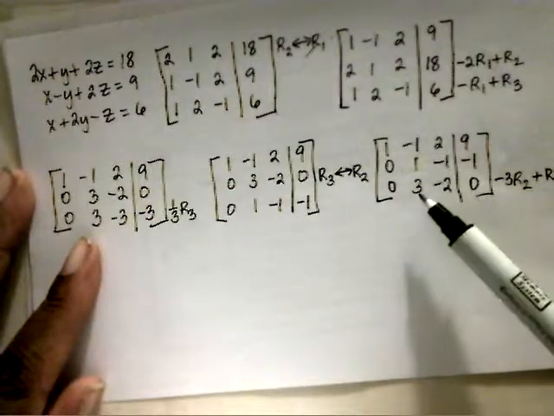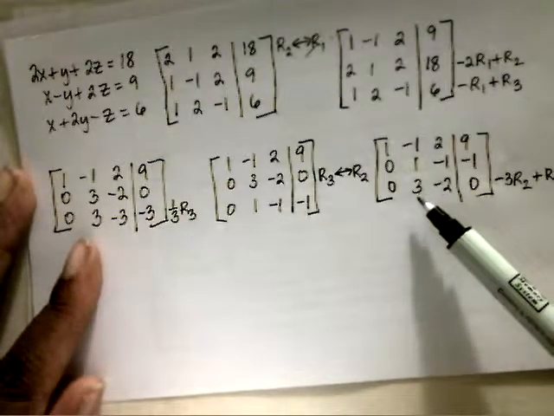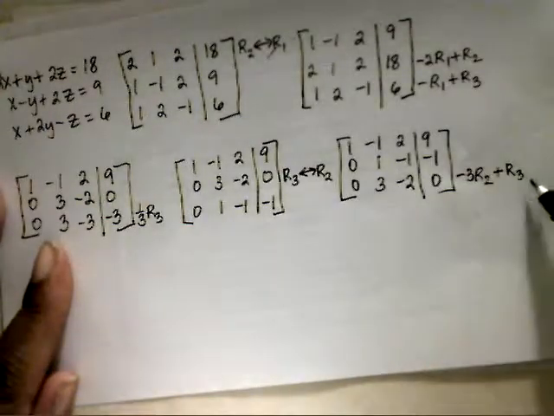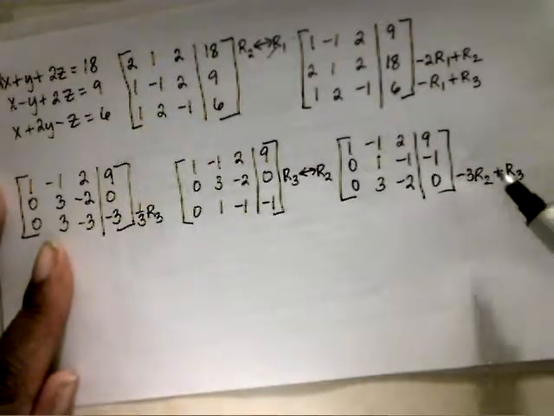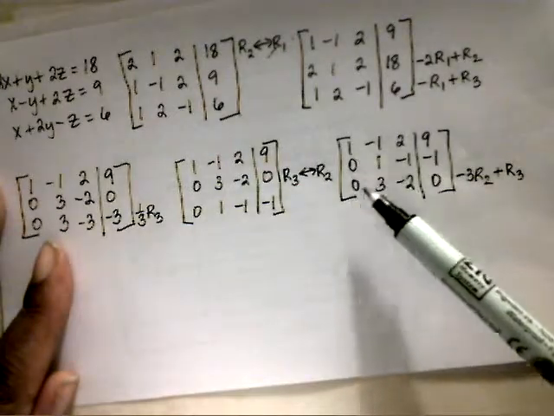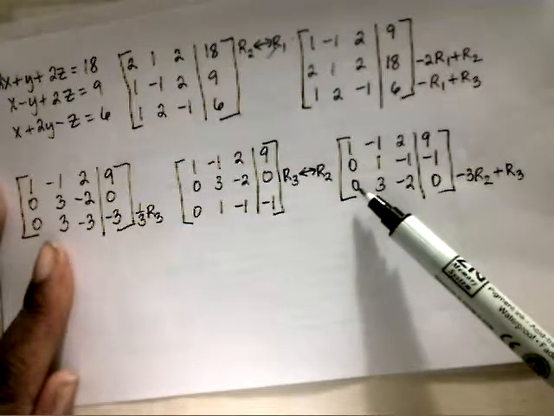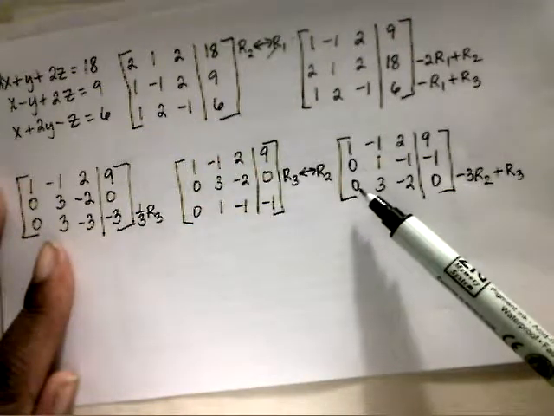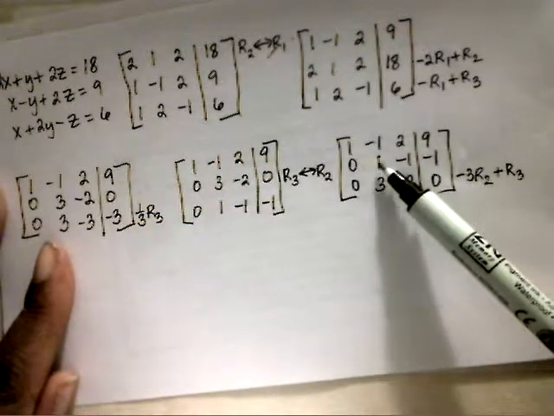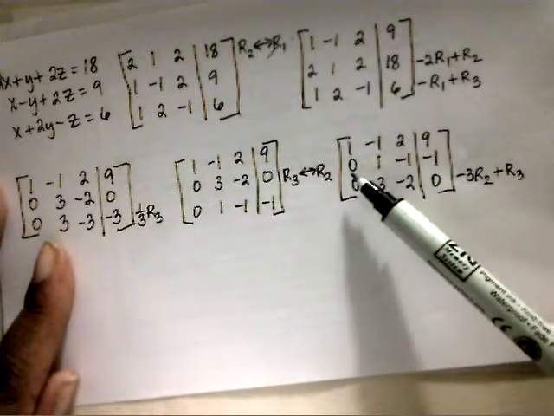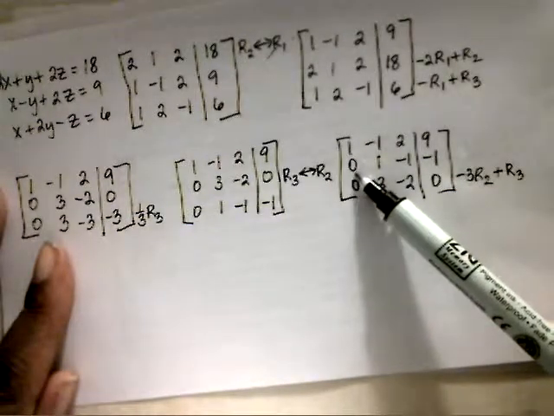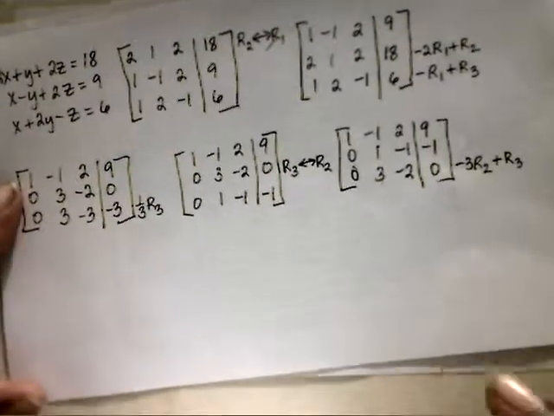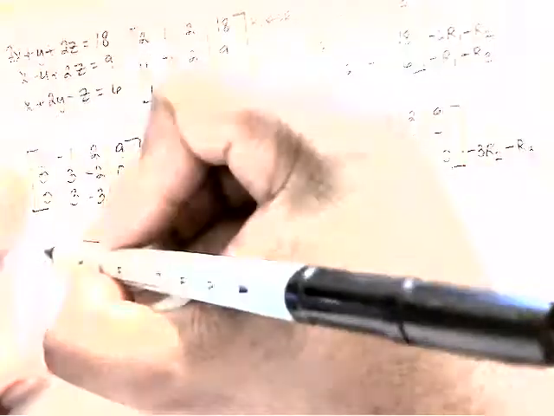It's positive, so I need to do negative of row 2 plus row 3. I don't want to mess with row 1 because if I do that, I'm going to have a number down here, which I don't want. So let's deal with row 2 because I've already got a 0 for x in this first column here.